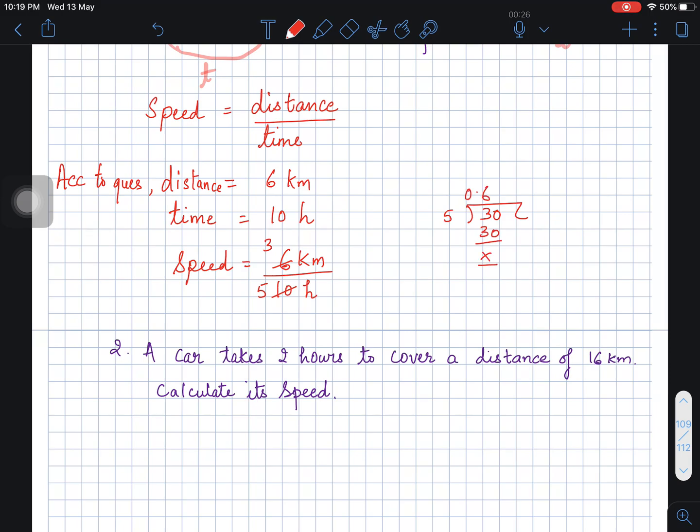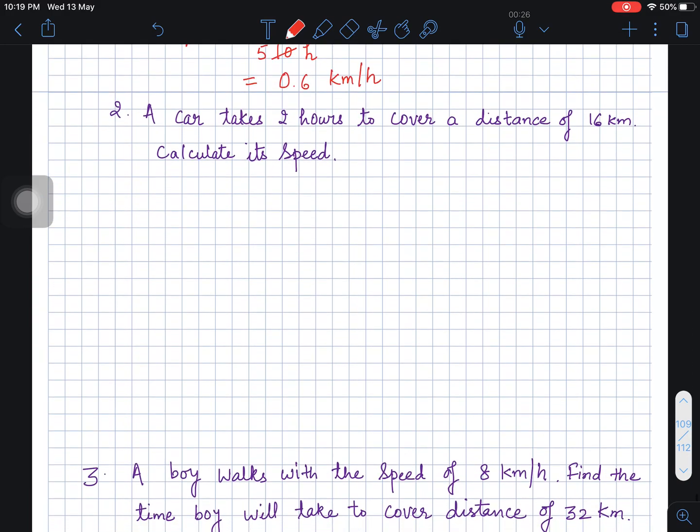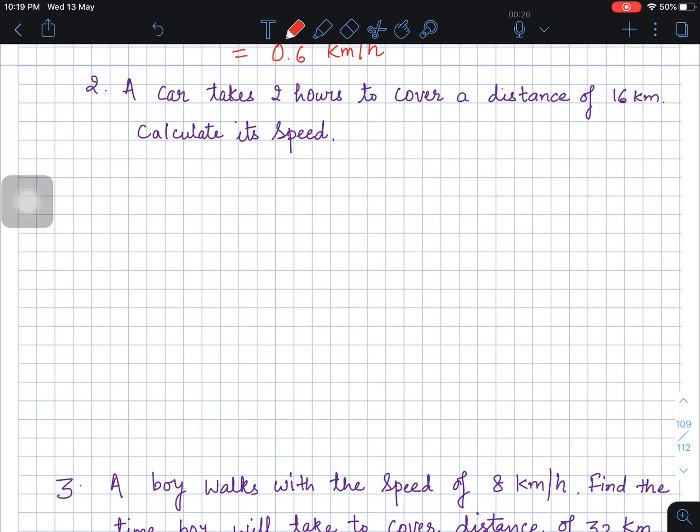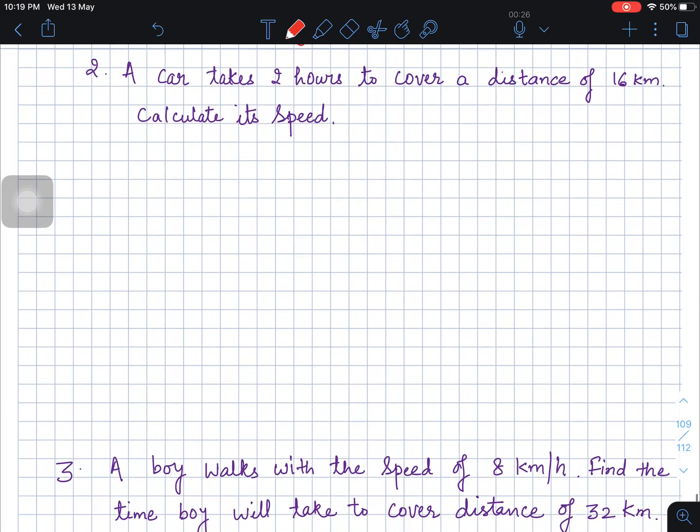So 0.6 kilometer per hour becomes your answer. Okay, I have another question for you, so that you can practice this.